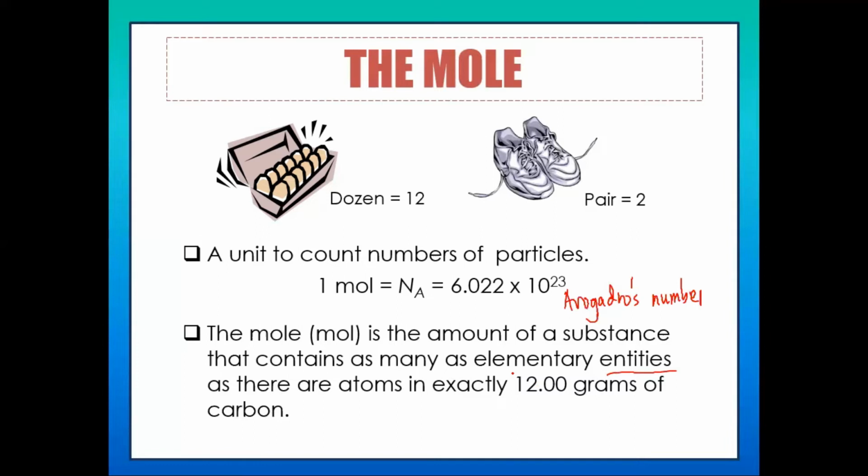So the actual number of atoms in 12 grams of the carbon-12 isotope is equal to the mole value, which is 6.022 times 10 raised to 23. The reason it was named Avogadro's number is in honor of the Italian scientist Amedeo Avogadro.